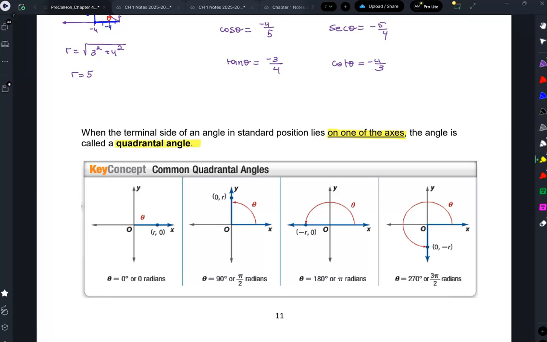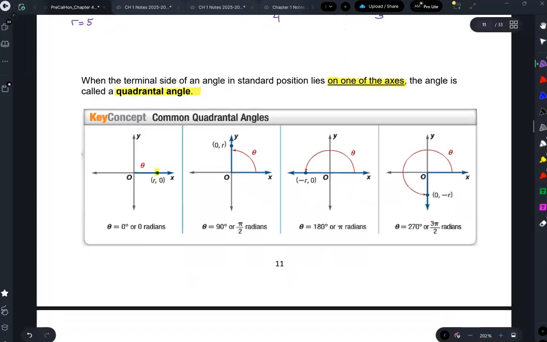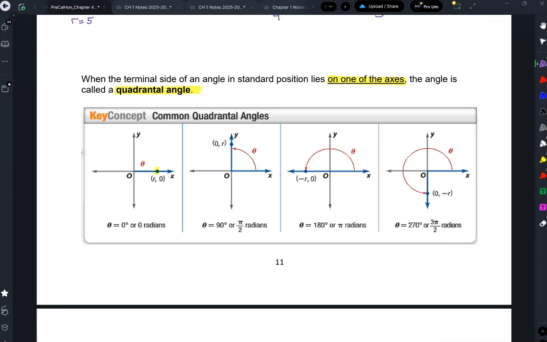So now, take a look at this one here. Suppose it's 0 degrees. Suppose that's the point. What would be a proper coordinate point for that point? Well, suppose this was like 1 unit over. What would that point be? 1, 0. And what would r be, the distance from the origin to that point? 1.